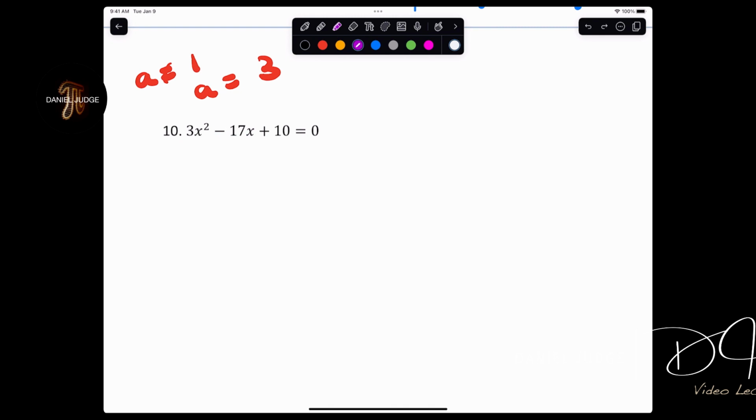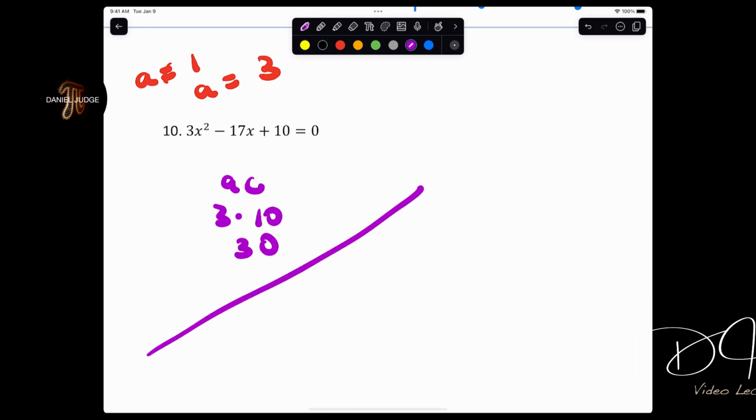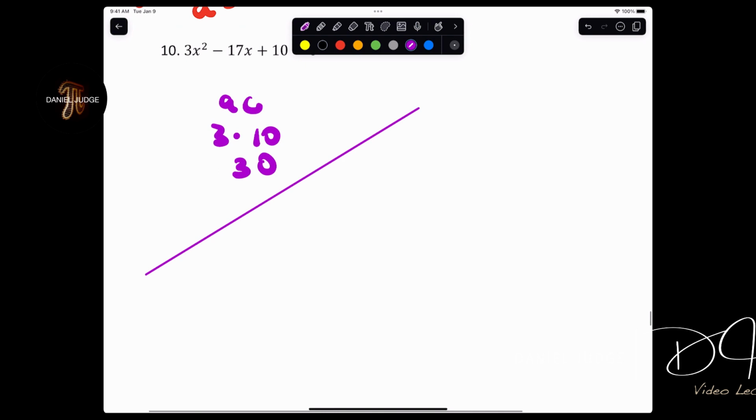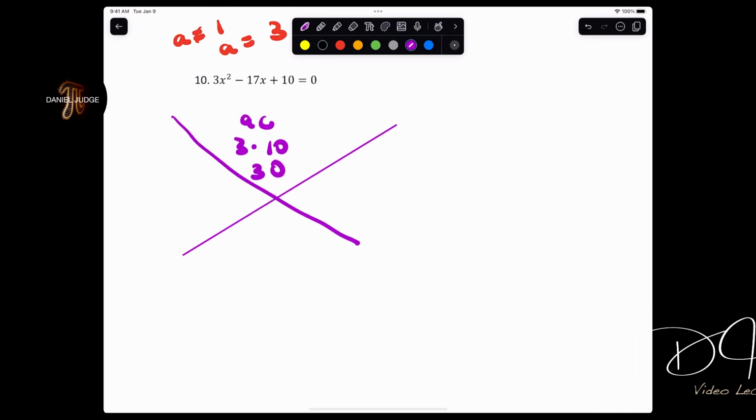So we need the product of a and c now. 3 times 10 will give us 30. The sum is negative 17. That's B. So let's look for the colors again. 3 and 10 is 30. Negative 17 is that B value.